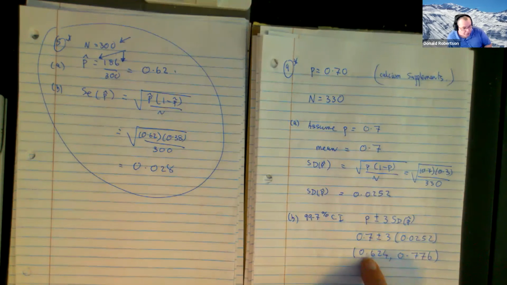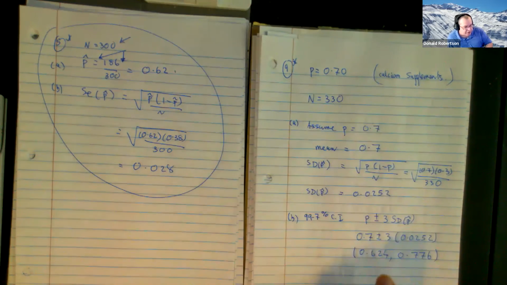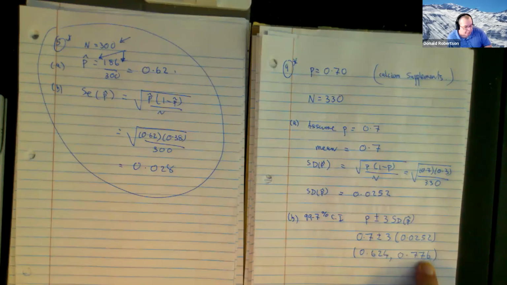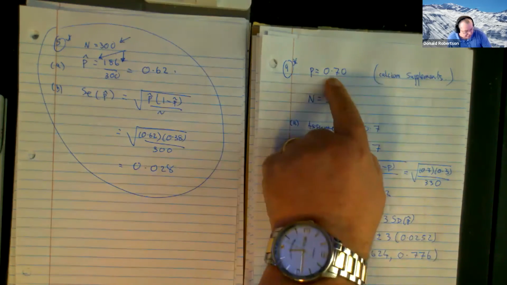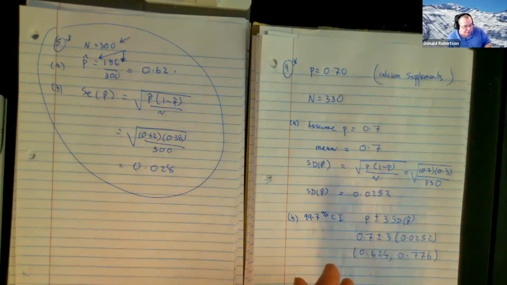So even if calcium had no effect, so it wasn't medicinally helpful, didn't reduce blood pressure, couldn't you still get a reduction from the 0.7 just by the randomness of your sample? And couldn't you also get a proportion which is much higher than 0.7, again, just by the randomness of the sample?